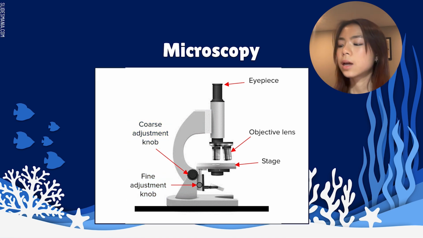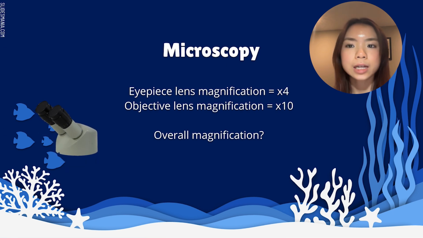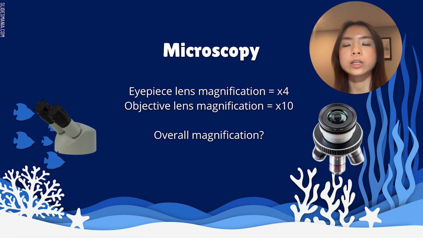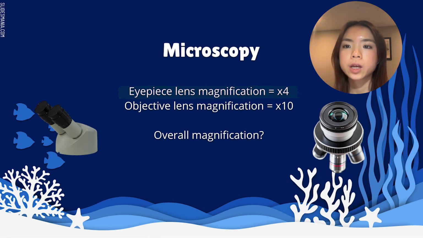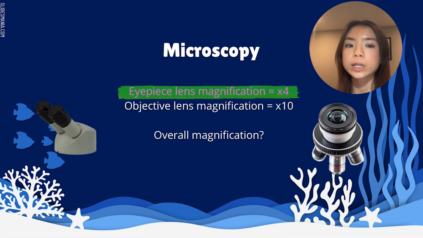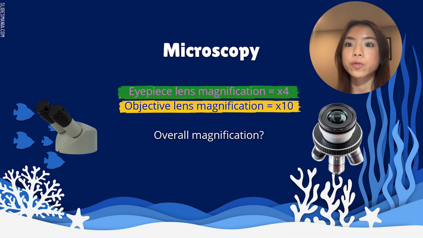Okay, next let's talk about how we can determine the overall magnification. Like we mentioned before, we've got the eyepiece lens, which is where we put our eye, and the objective lens, which is the one that you twist around. They each have their own magnification. The eyepiece lens of light microscopes has a magnification of 4 times. The objective lens usually has 3 different settings, maybe 4 times, 10 times, or 40 times.